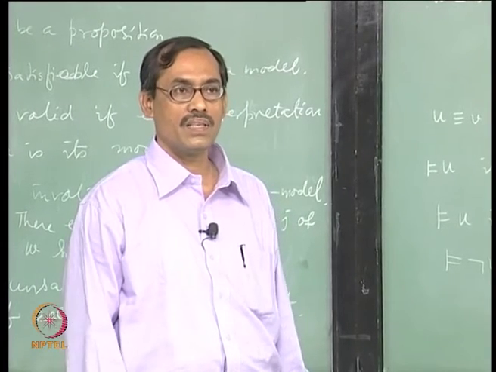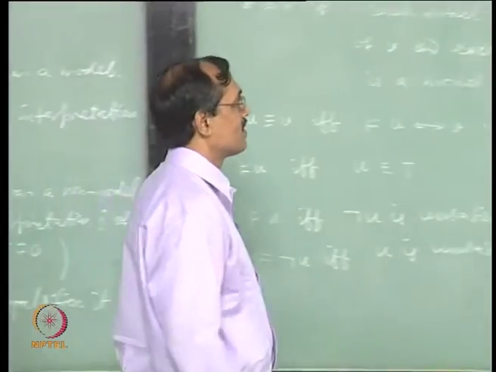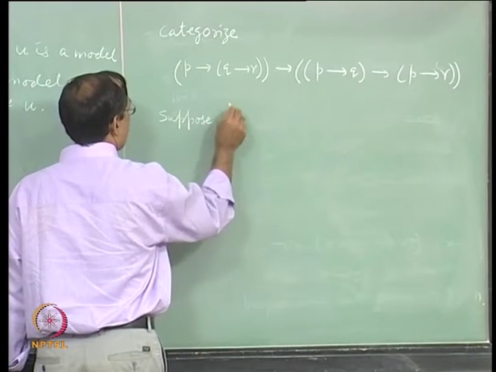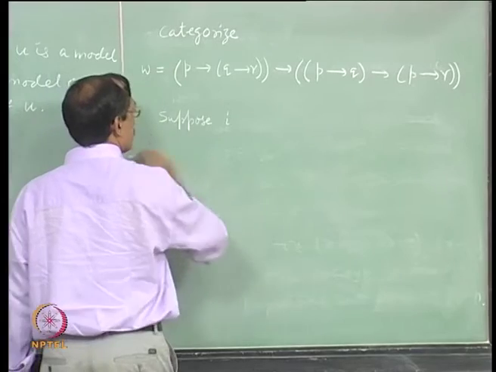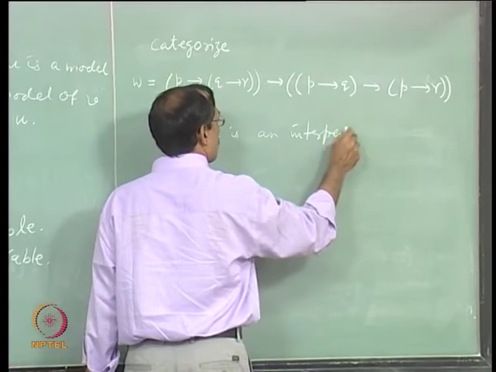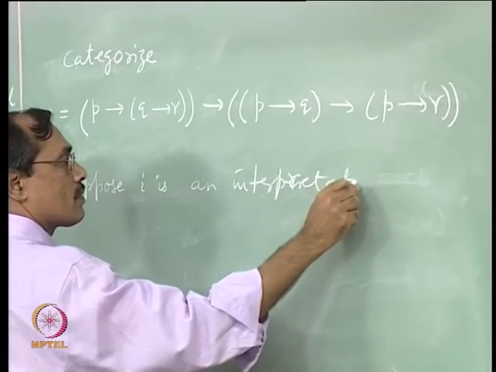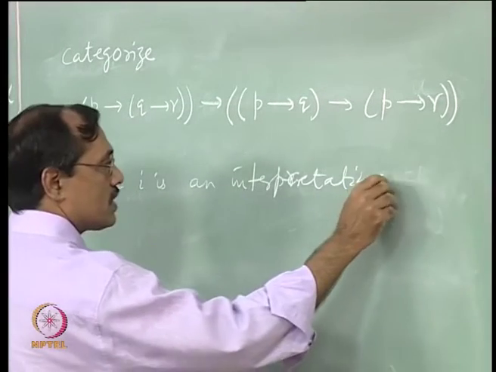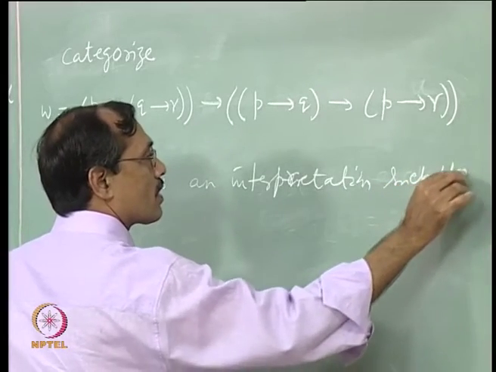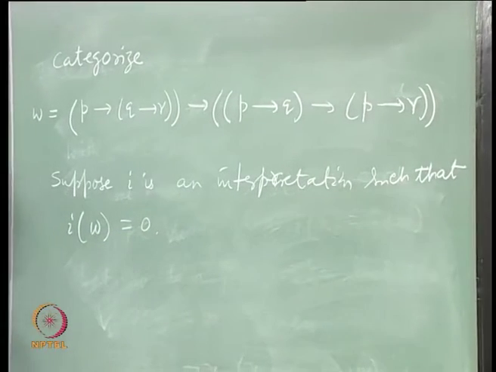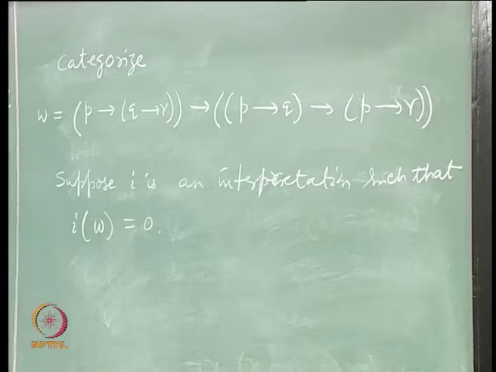Well, I will try to have a shortcut here. Suppose I is an interpretation, let me call the proposition W, such that I of W equals 0, because implication is easier to evaluate for zeros.